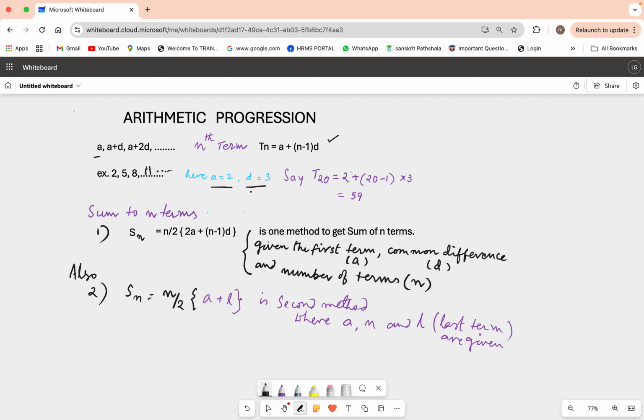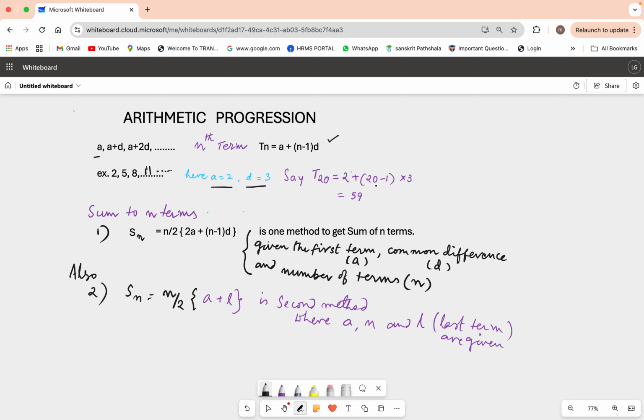Now in this series if I want the 20th term, then in this particular formula Tn equal to A plus (n minus 1) into D, if I substitute n equal to 20, then I get T20, which is the 20th term, which can be written as A, which is 2, plus (n minus 1), which is 20 minus 1, times 3.